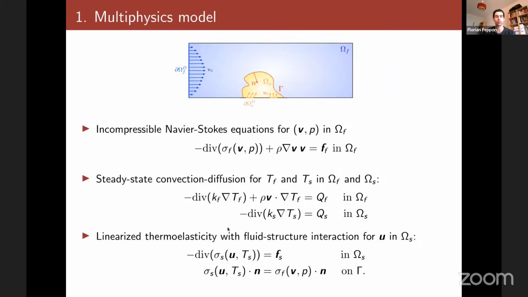Also you account for the temperature field that exists in the solid part, and this is how you take into account the thermal dilation. So this is a weakly coupled model: we solve these equations in a cascade, and there is no coupling back from the solid to the fluid, which was also related to the questions that I asked the first speaker.